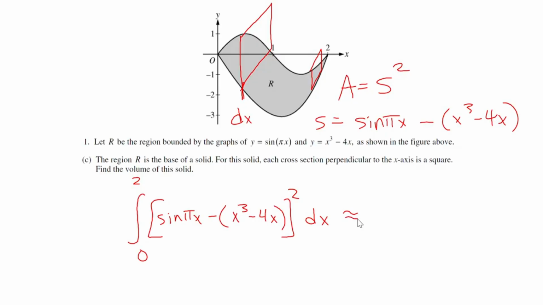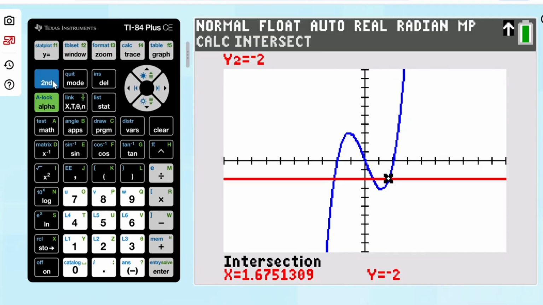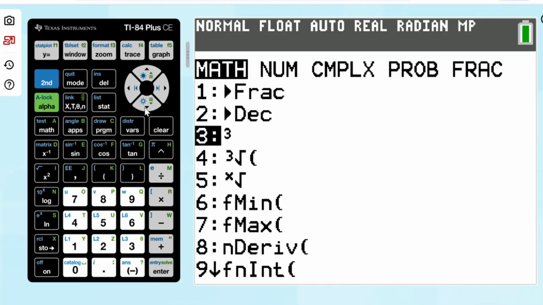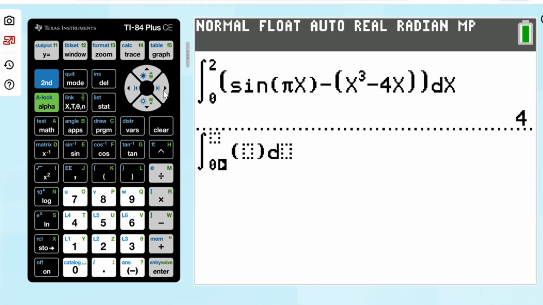And so we'll just use our calculator to find this value. We'll hit second quit to go back to the main screen. We'll hit math, go down to option 9. We're integrating from 0 to 2. And we're going to put inside of here the sine of pi x minus, and I'm going to put this second one in its own parentheses, right?